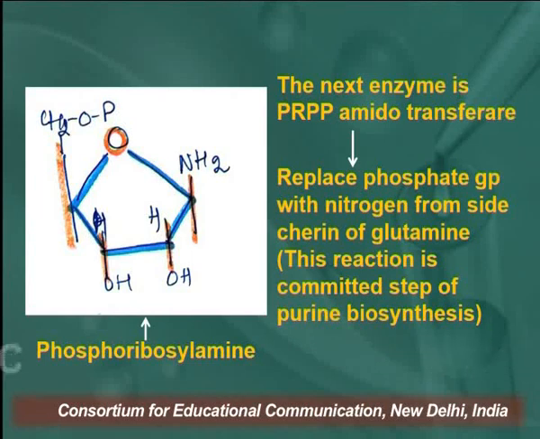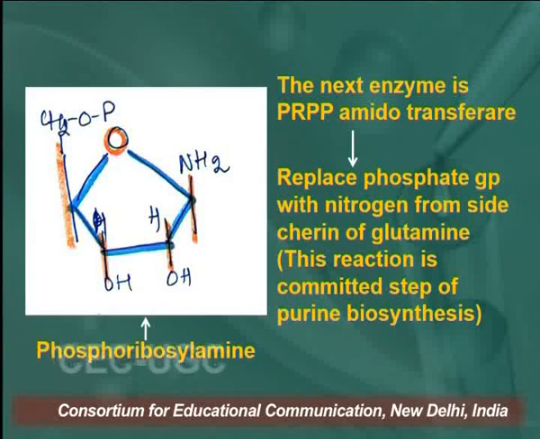So, phosphoribosylamine is formed as the enzyme replaces the phosphate group present at the C1 carbon atom with nitrogen from the side chain of glutamine, and this reaction is the committed step for purine biosynthesis.